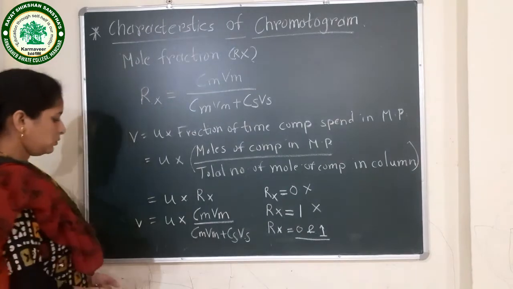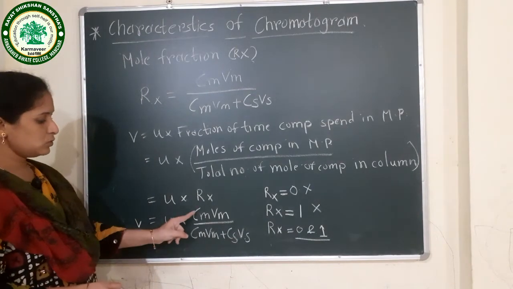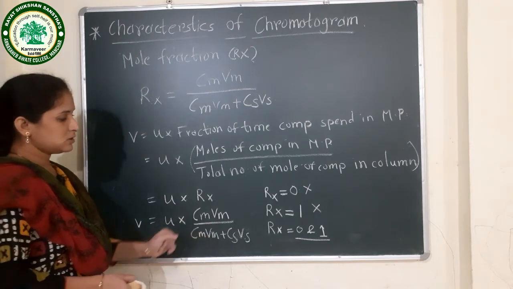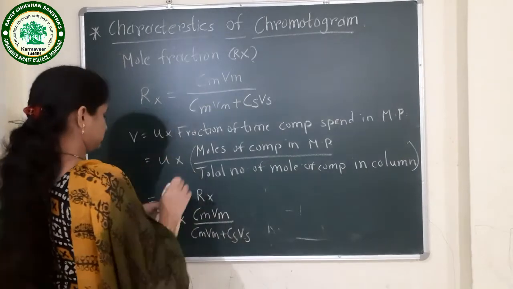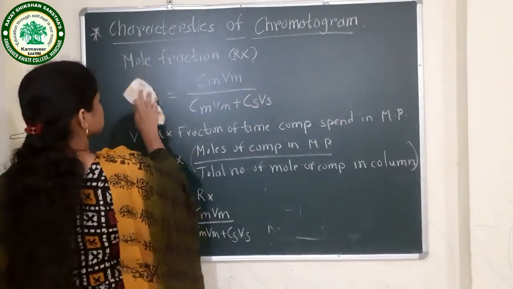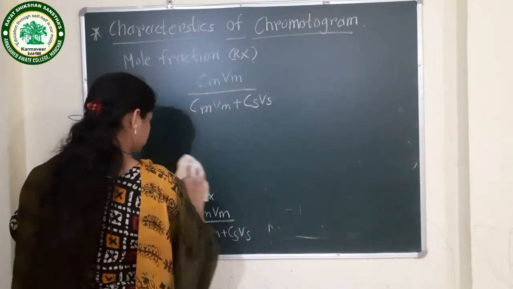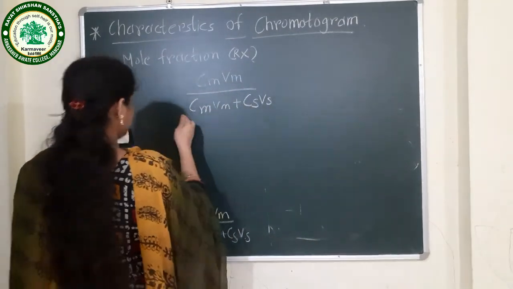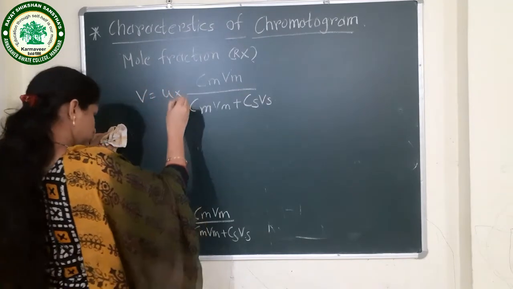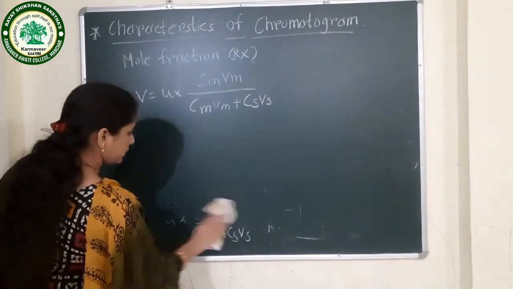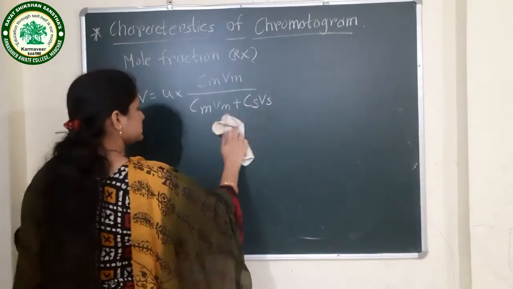Okay. Now look at this equation. V is equal to U into CMVM upon this quantity. Now we will convert this equation. Okay, this is our velocity of the sample.